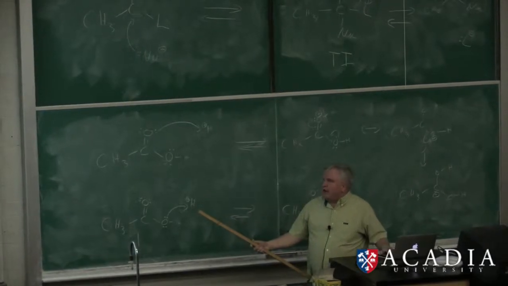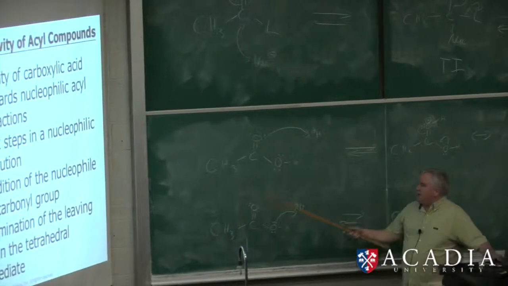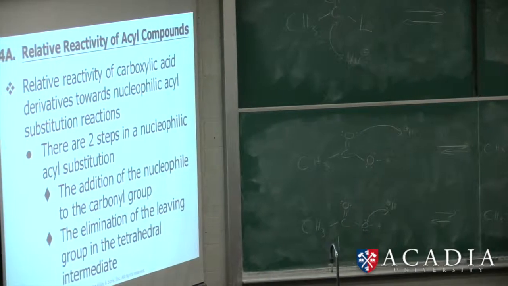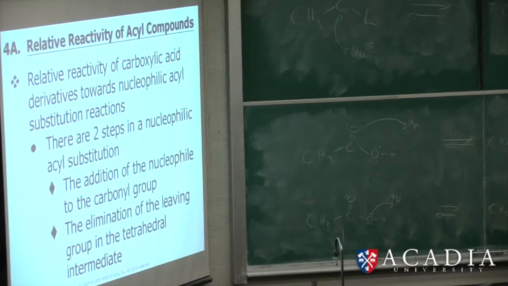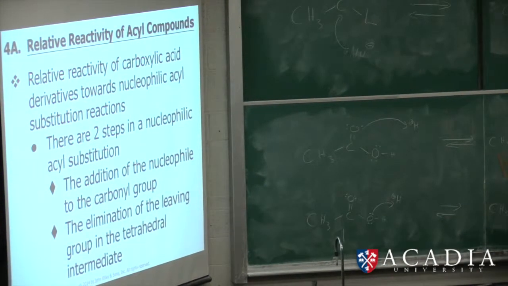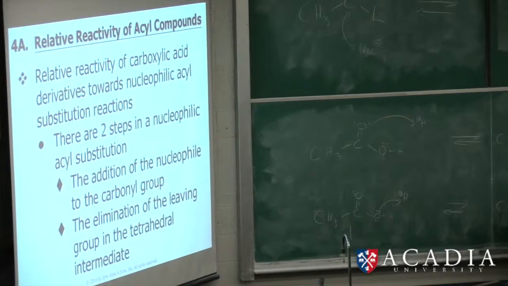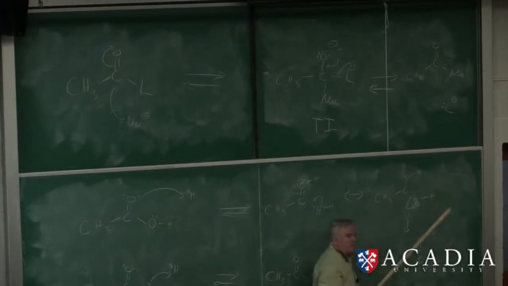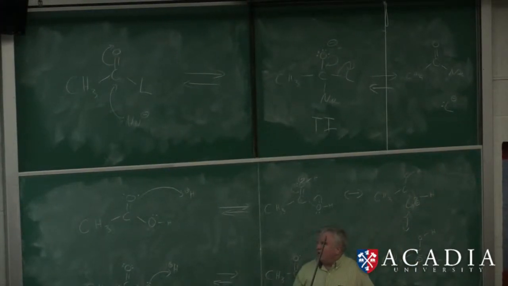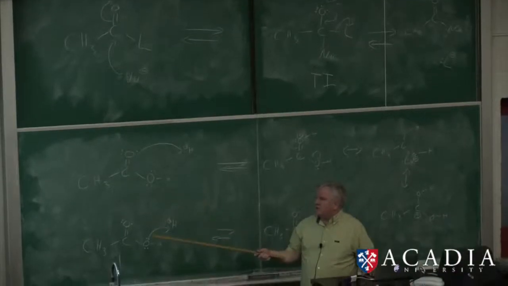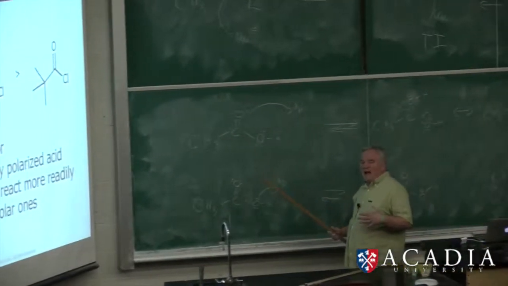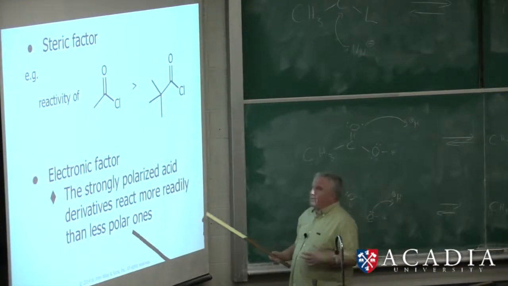So again, there's two steps in the nucleophilic substitution: the addition of the nucleophile to the carbonyl carbon, and then the consequent elimination of the leaving group from the tetrahedral intermediate. And everything is going to be dominated by the stability here of this compound. And I think this is just saying what I've just said. Electronic factors are going to be important.